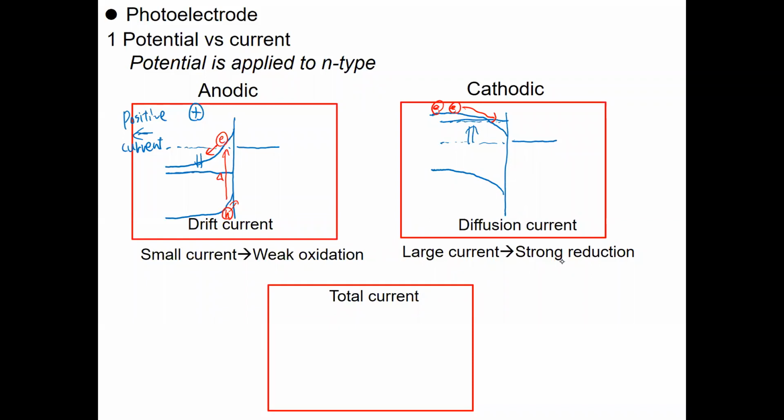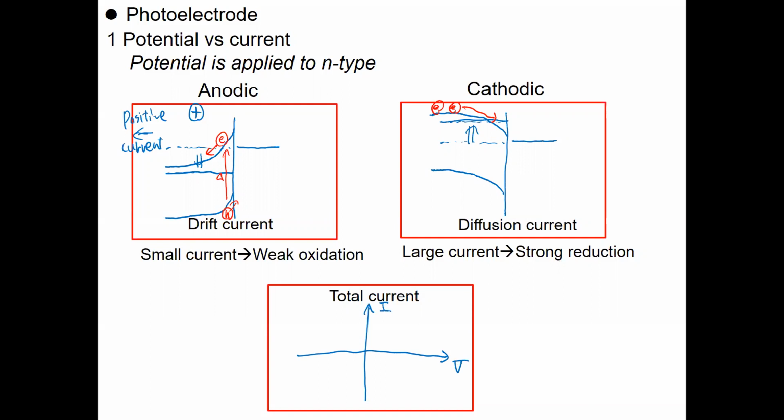So based on these aspects, we can make a total current-voltage dependence in potential and current.